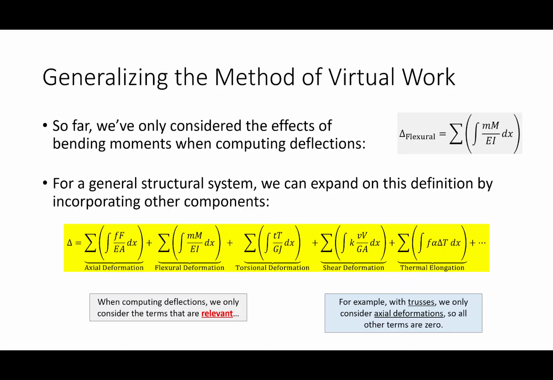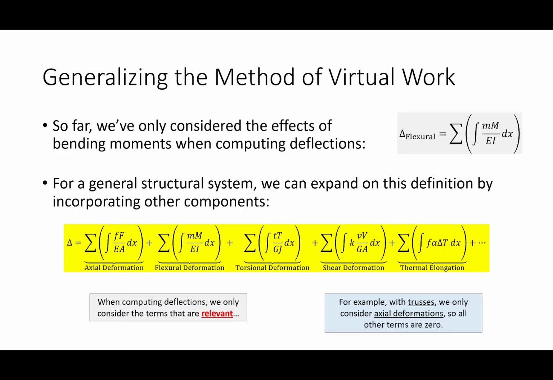No truss is fabricated such that the loads are applied perfectly at the joints. There's always a little bit of eccentricity, there's always a little bit of friction, so there's always going to be a little bit of shear, a little bit of flexure, and so on and so forth. But we don't consider that in truss analysis because it's not that relevant, right? We just sort of disregard all that other stuff, even though it might actually be there.